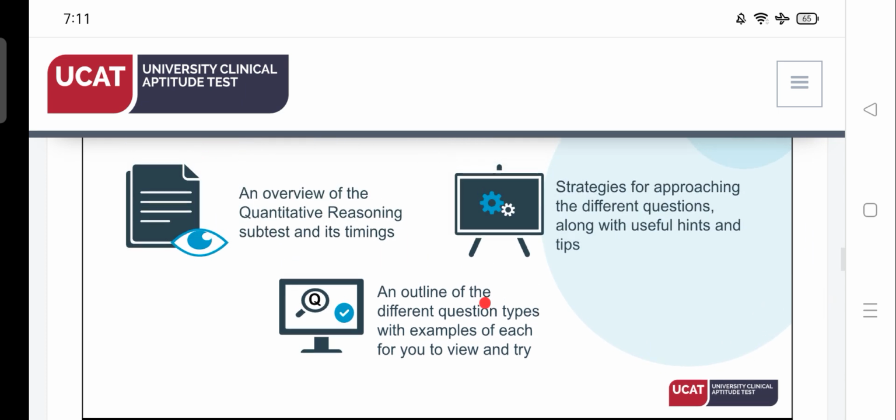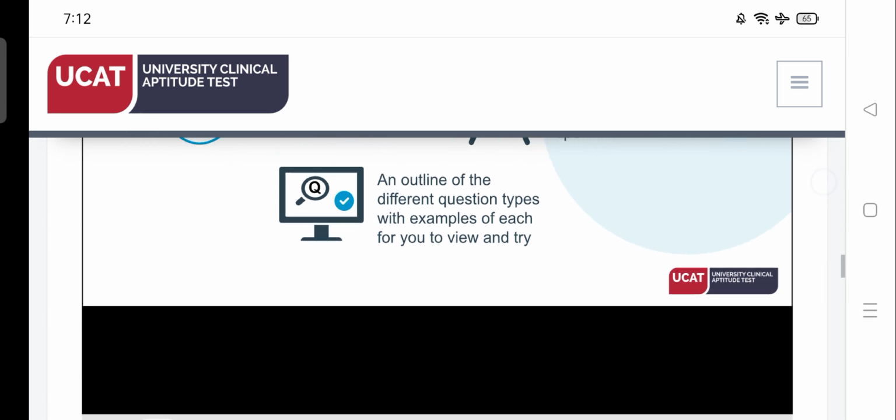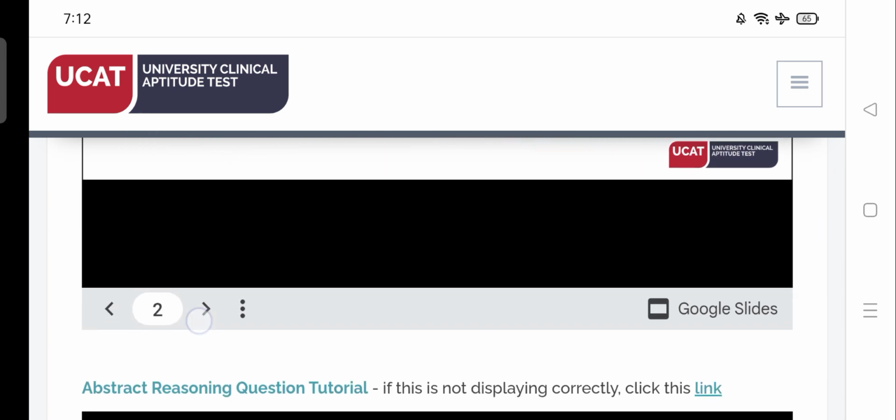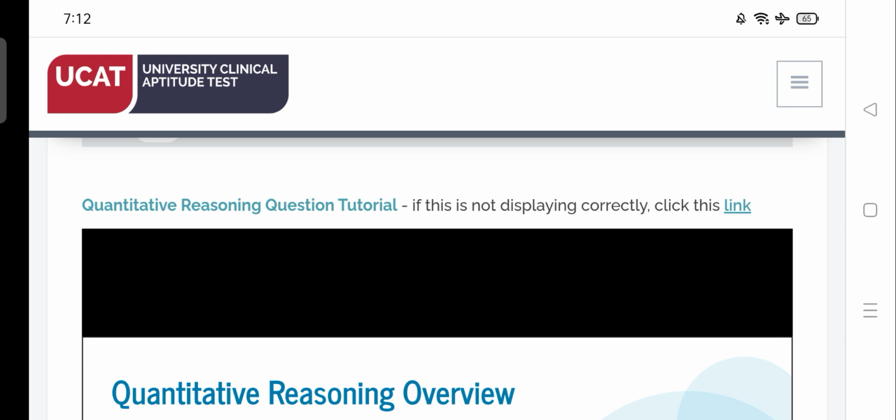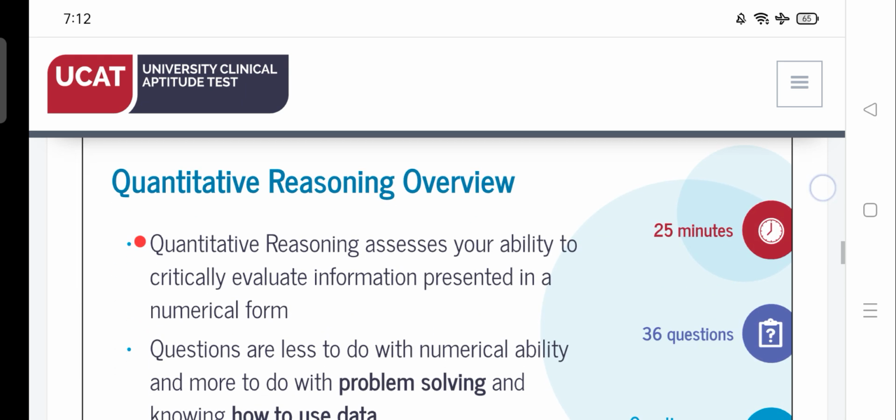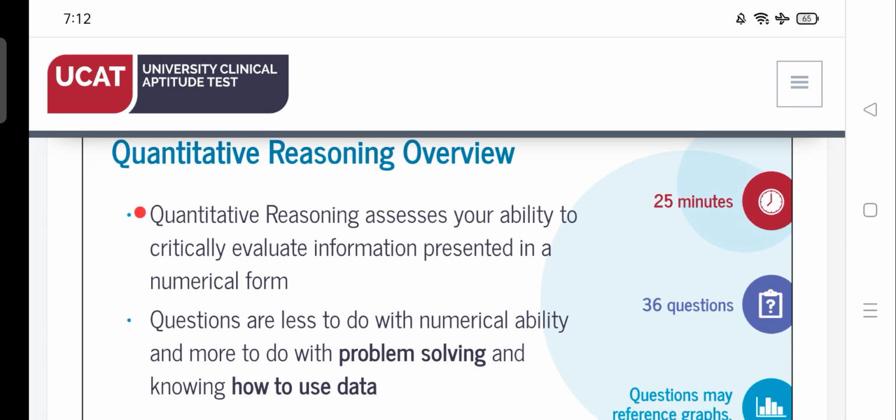So these are the 3 points that we're going to learn in that section: an overview of quantitative reasoning and the strategies for how we're going to solve these questions, and the different types of these quantitative reasoning subtests in that section. Okay, now let's start from the quantitative reasoning overview.